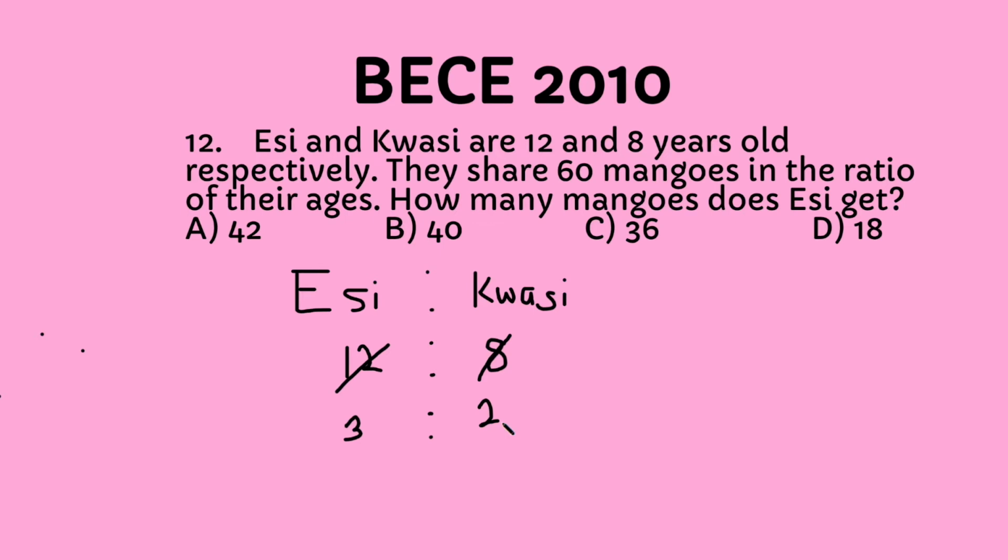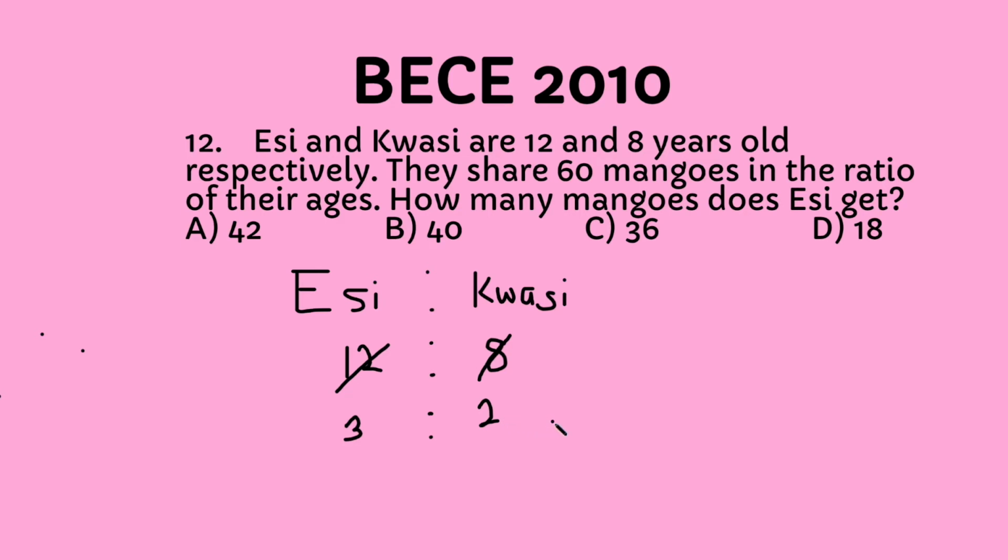So now that we found the ratio of their ages, because we're using ratio and proportion to find our answer, we also know that they're sharing 60 mangoes. They're not just sharing these 60 mangoes, but they're also sharing them in the ratio of their ages.